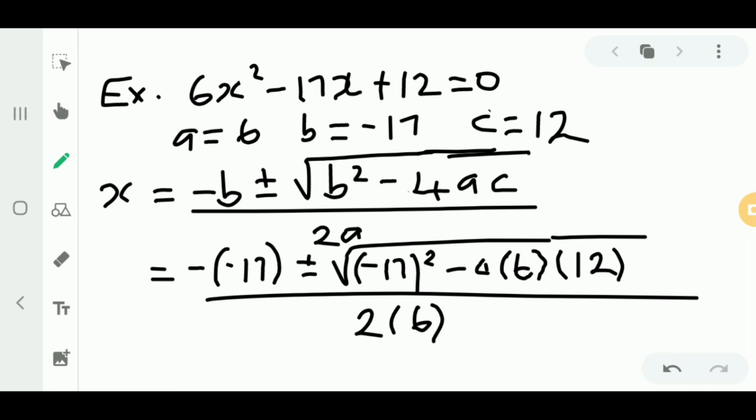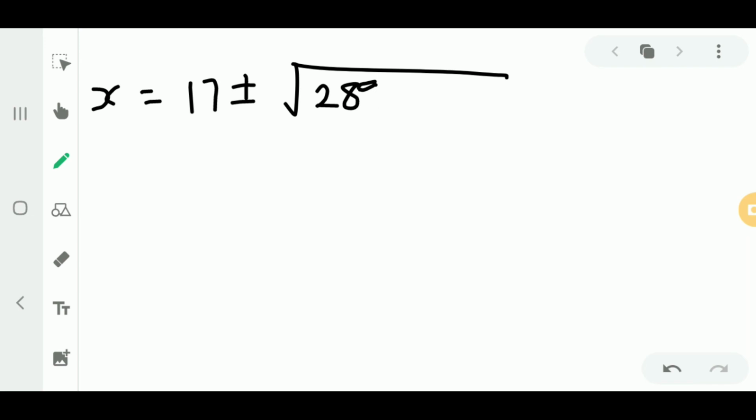So for the minus 17 here, that becomes a positive 17. So x is equal to positive 17 plus or minus the square root of minus 17 all squared is 289.